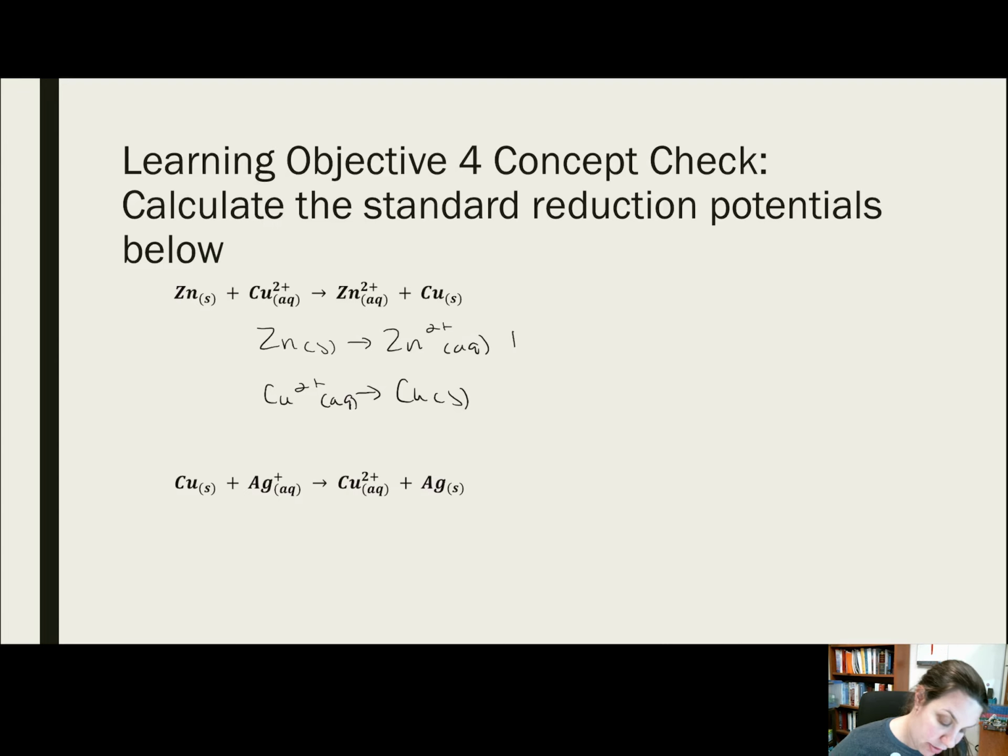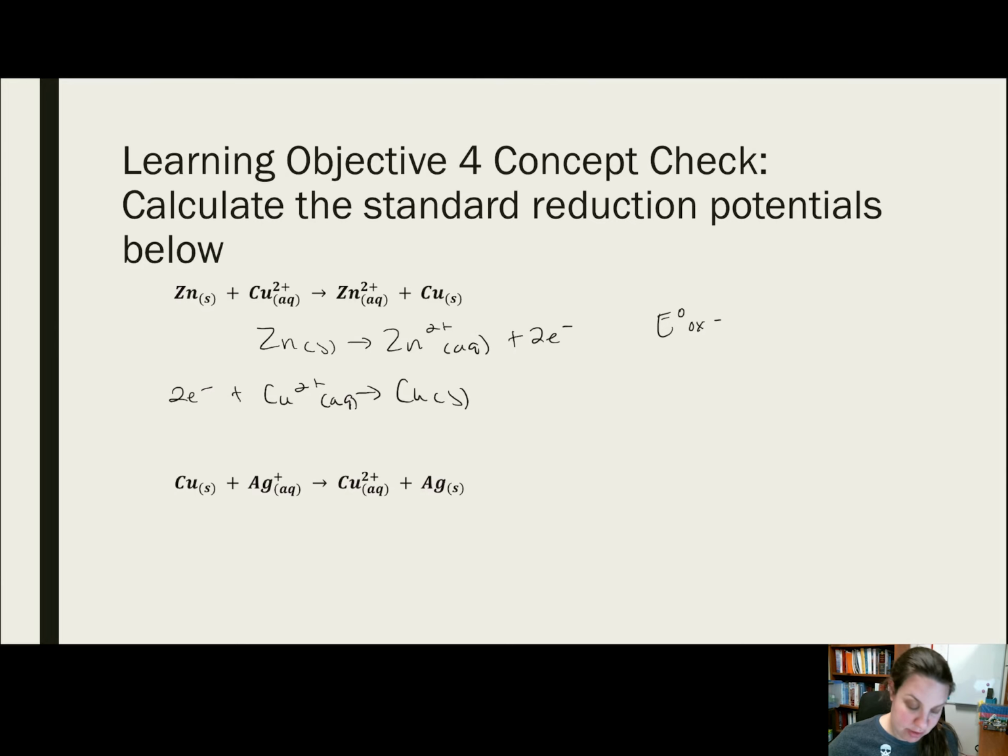So if we look on our table, zinc is right here. The reduction potential of zinc is negative 0.76. But if I want to solve for the oxidation, it'd be the negative of that reduction potential.